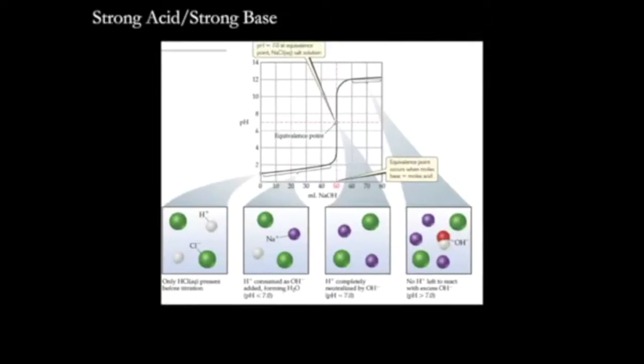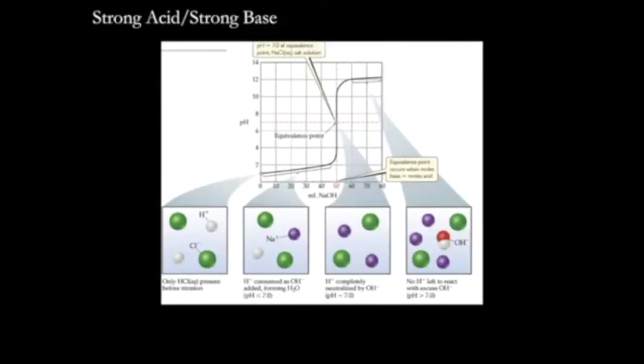Here I show a titration of a strong acid with a strong base. Hydrochloric acid and sodium hydroxide would be a great example. At the very beginning, right at my x-intercept, I have 0 mL of NaOH, and as you notice, my pH is very low because what I have at that moment is just all hydrochloric acid.